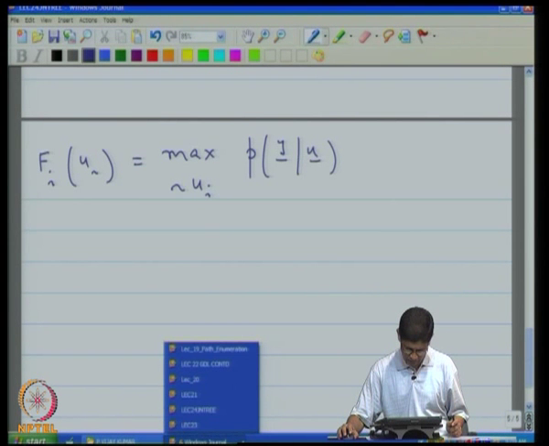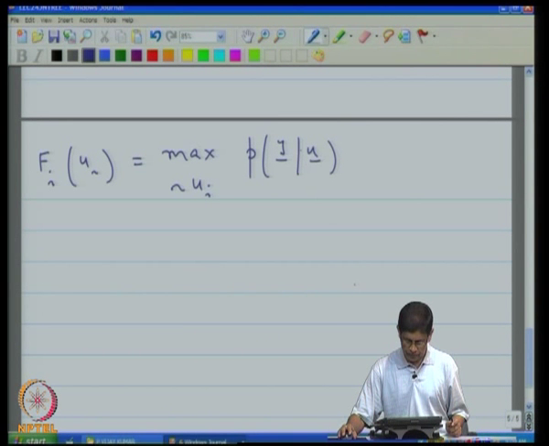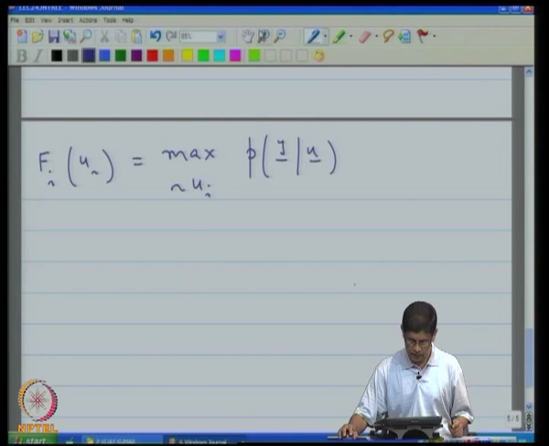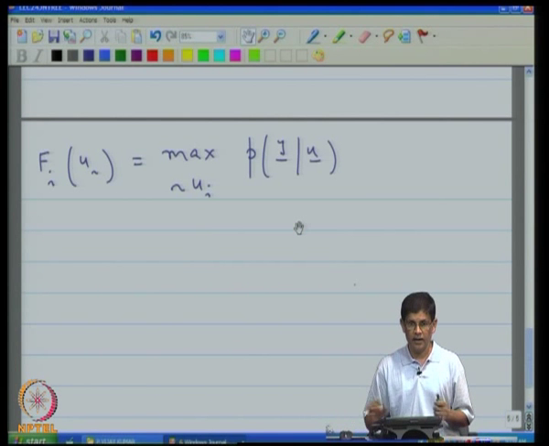I think I already explained in the last lecture that there is a one-to-one correspondence between code words and message vectors, which is why this can also be regarded as maximum likelihood code word decoding.